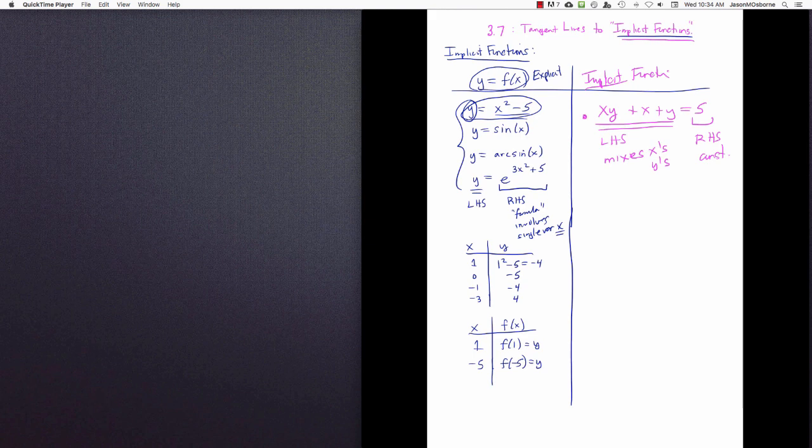That's one example. You could also have, for example, x squared y plus y cubed is equal to cosine of xy.